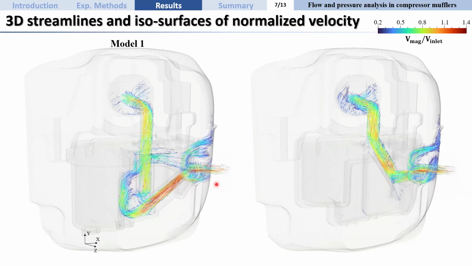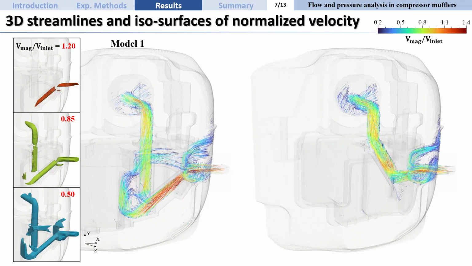Then, as the main flow exits the inclined passage, it impacts the lower wall. This redirection forms a large recirculation region that occupies the lower left section of the cavity. This large-scale recirculation is the dominant flow feature that characterizes Model 1.